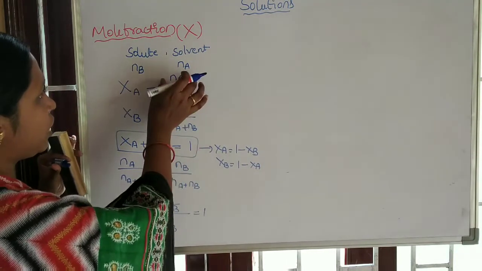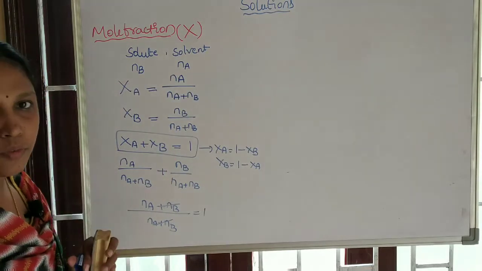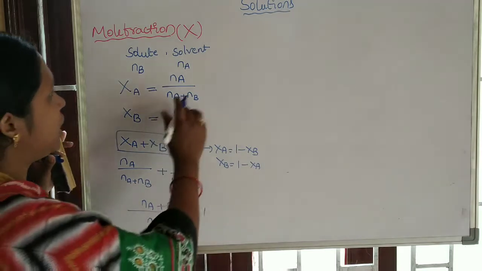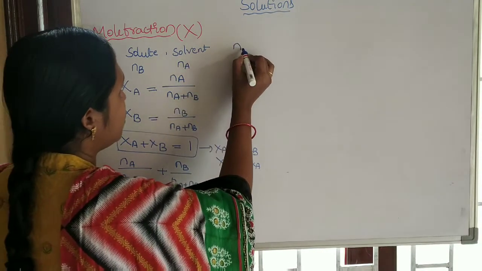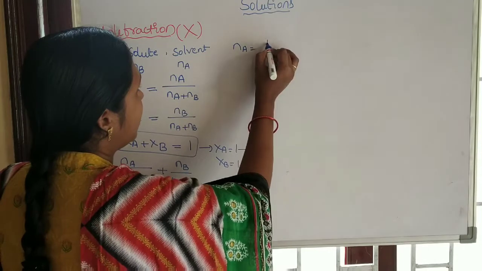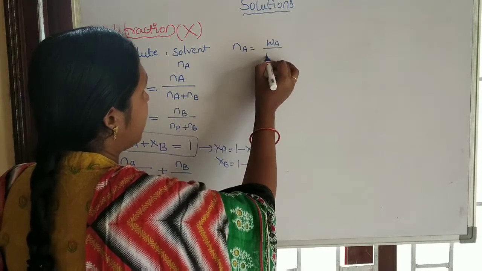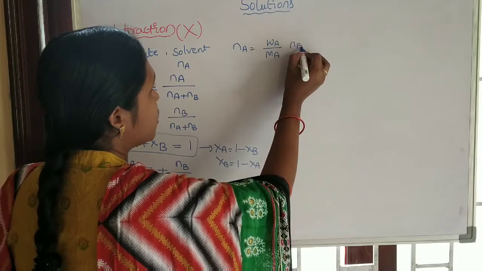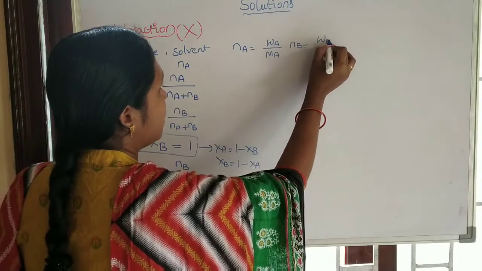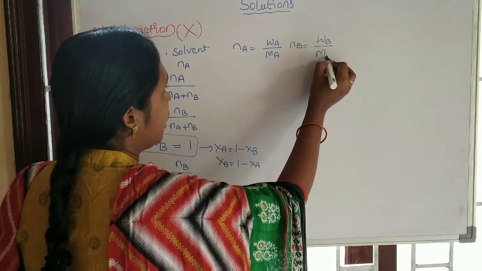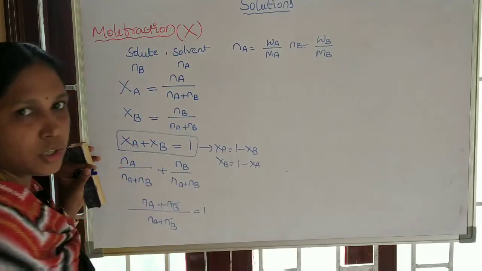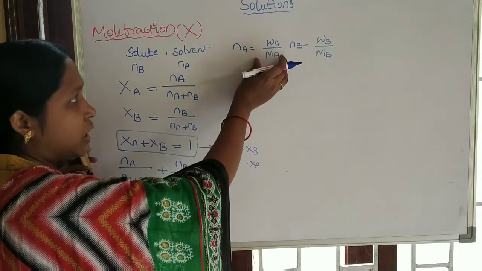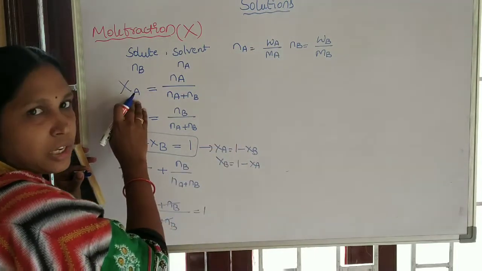And if you know the number of moles of solvent and solute in the form of weight, the number of moles of solvent is the weight of the solvent by the molecular weight of the solvent, and the number of moles of solute is the weight of the solute by the molecular weight of the solute.